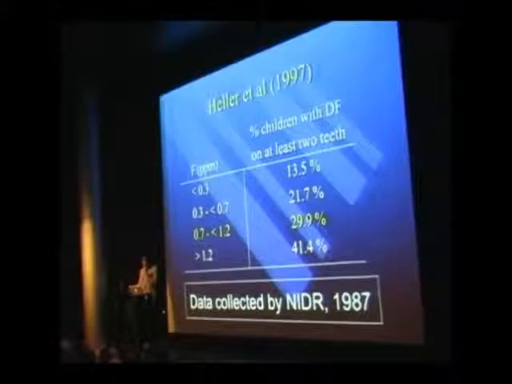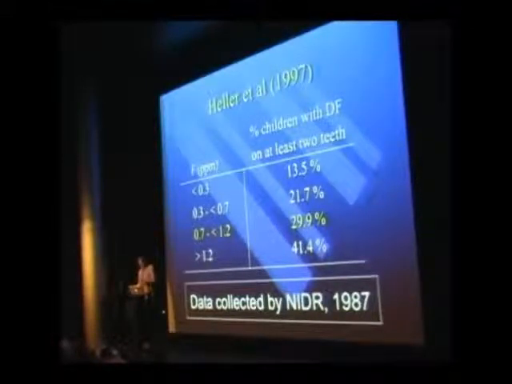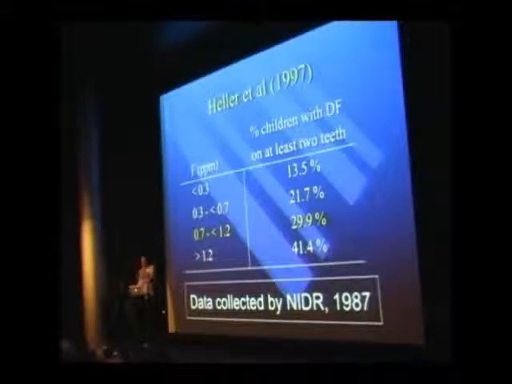Well, let's look at the figures from that same massive review by the National Institute of Dental Research. Nearly 30% of kids in fluoridated communities in the United States had dental fluorosis. This is in '86, '87, reported in '97. Now, you also see that over 20% in non-fluoridated communities, between 0.3 and 0.7, this is natural fluoride.